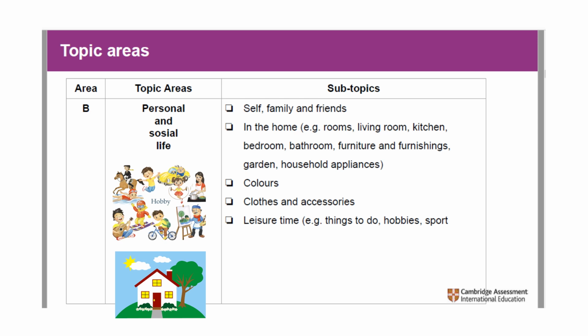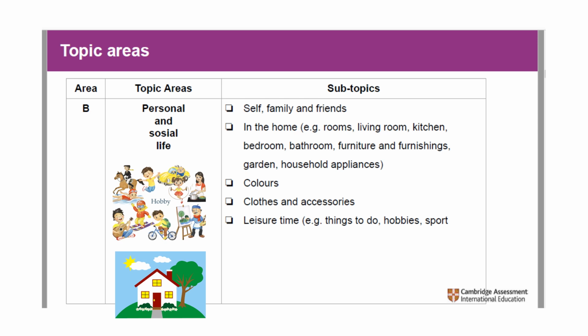For example, self, family and friends, in the home. Okay, so not only talking about the rooms or the things inside the house, but also talking about what we do at home, like our chores or what happened at home, who is staying at home, etc., etc. Okay, and colors, clothes and accessories, as well as leisure time.